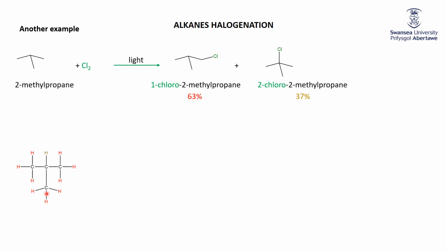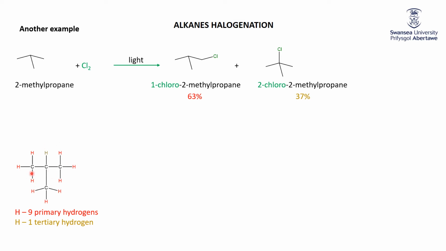If you assign the types of carbons and thus the types of hydrogens, each of those methyl groups is indistinguishable, which means that each of those hydrogens in red is indistinguishable. So there are 9 primary hydrogens and only 1 other hydrogen, which in this case is a tertiary hydrogen, because it's bonded to a carbon that's bonded to 3 other carbons.